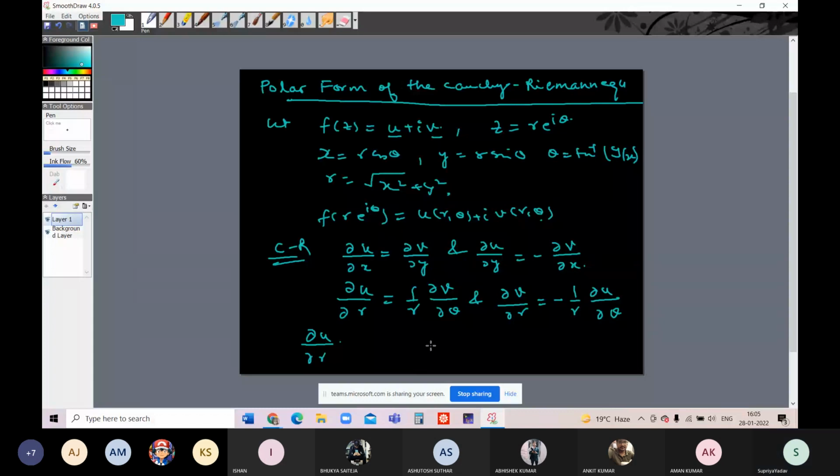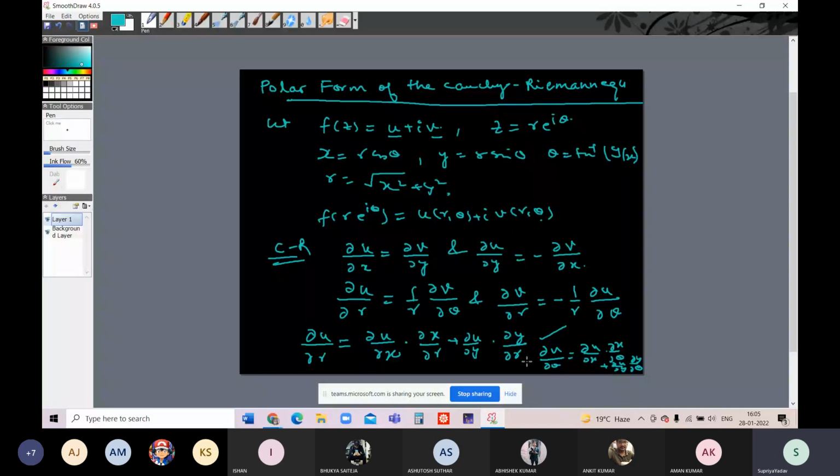For this you can use ∂u/∂r = ∂u/∂x · ∂x/∂r + ∂u/∂y · ∂y/∂r. And ∂u/∂θ you can also obtain by writing ∂u/∂x · ∂x/∂θ + ∂u/∂y · ∂y/∂θ.